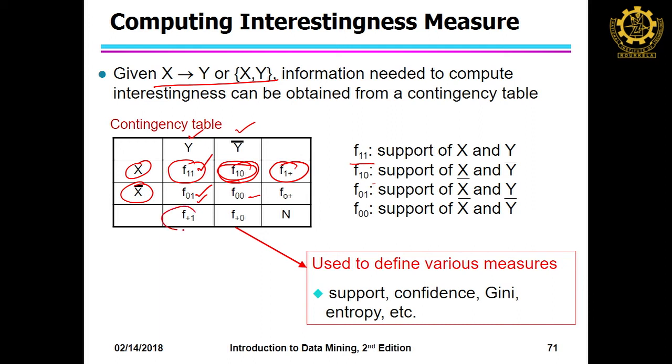This indicates how many times y appears in the data set, that means the support of y. This indicates x and y together, and this is where both are absent, and the total is the total number of transactions, all together n. So, this contingency table will be used for finding the interestingness.